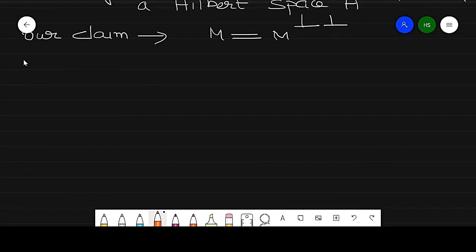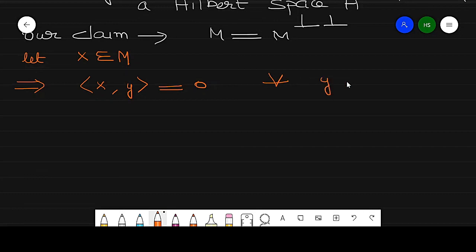Now if I take x which belongs to M, it should belong to this set. If x belongs to M, then by definition the inner product of x and y is equal to 0 for every y belonging to its orthogonal complement.